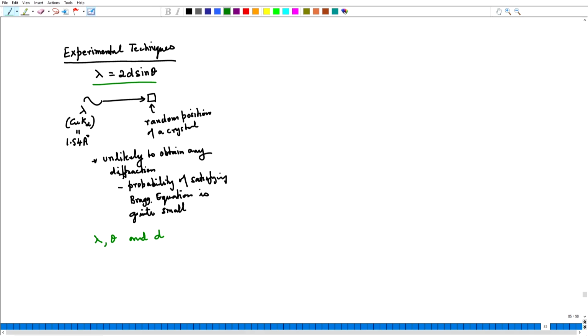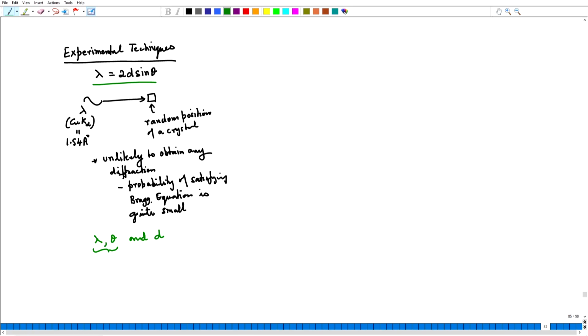Now, for a given crystal, my lattice parameters are fixed, my interplanar spacing is fixed. In fact, those are the things that I want to determine. The parameters that I can play with are wavelength and the angle of the incident beam making with the HKL planes.